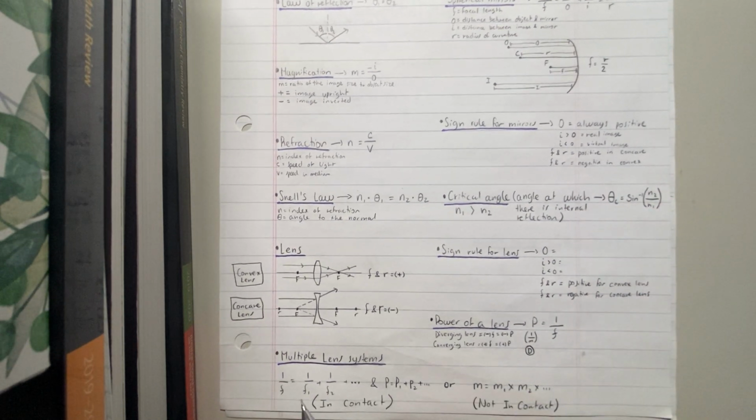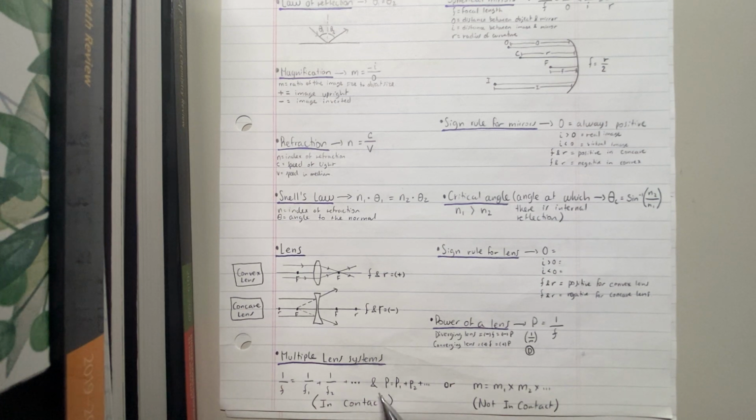Here it basically says that for a multiple lens system, if they're in contact with each other, so if you put lenses together and they touch each other, then you can do 1 over F equals 1 over F1 plus 1 over F2 plus 1 over F3, and so on. We know that 1 over F is power, so this also means that power equals power 1 plus power 2 plus power 3.